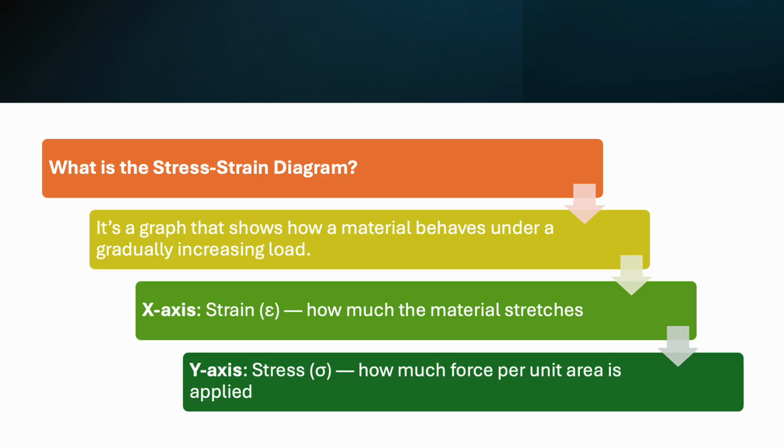And what is the stress-strain diagram? It is a graph that shows how a material behaves under gradually increasing load. On the x-axis we will have strain, which means how much the material stretches, and on the y-axis we will have stress, how much force per unit area is applied.